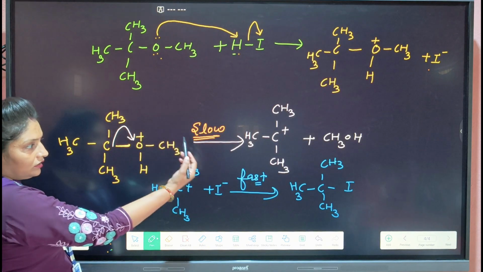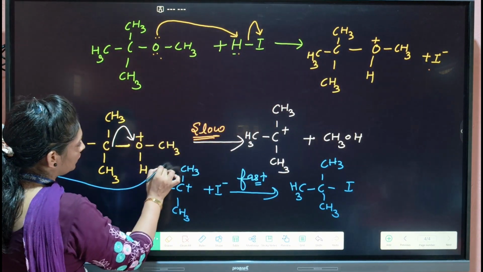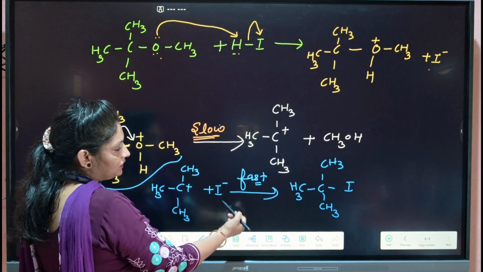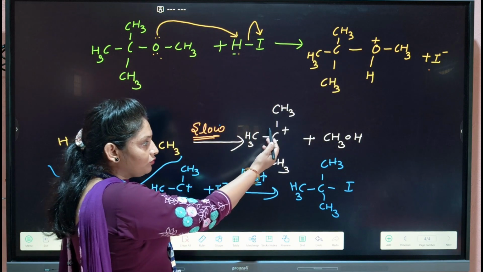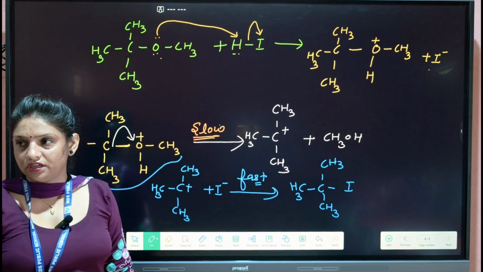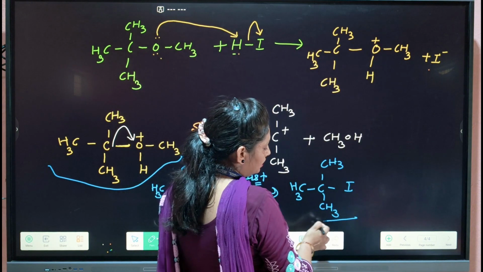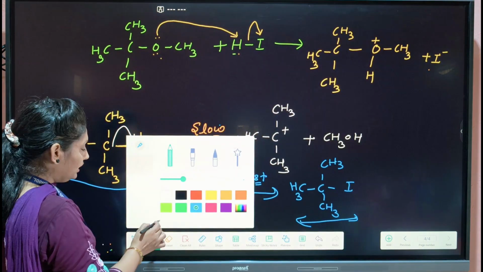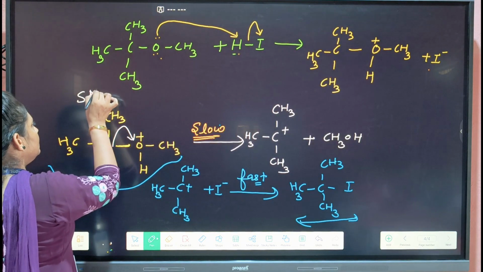Here rate of reaction depends only on the concentration of this, and the reaction is taking place in two steps, and formation of carbocation is also taking place here. All these are the conditions for the SN1 mechanism.